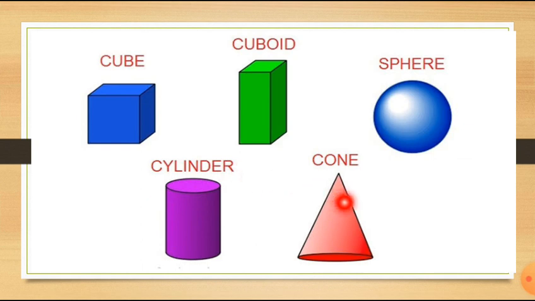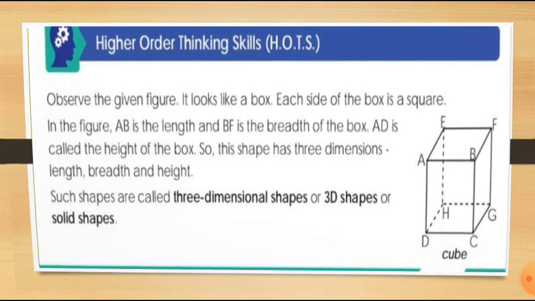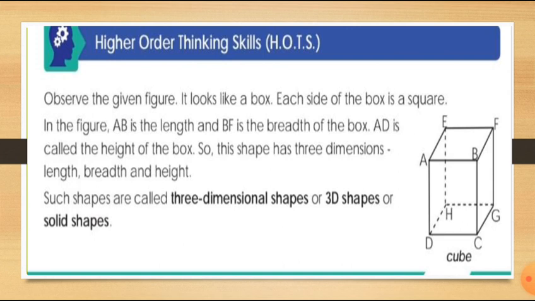And cone, the birthday hat and the ice cream cone, those all are in cone shape. Isn't it, children? So, these are the solid shapes or 3D shapes. Today we will learn more about these 3D shapes or solid shapes.